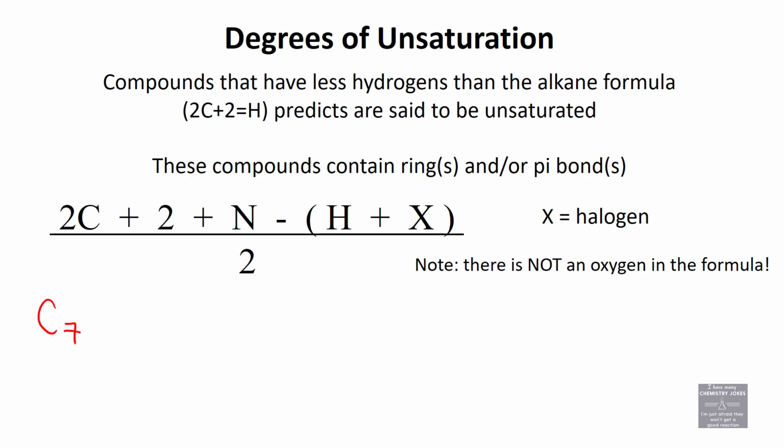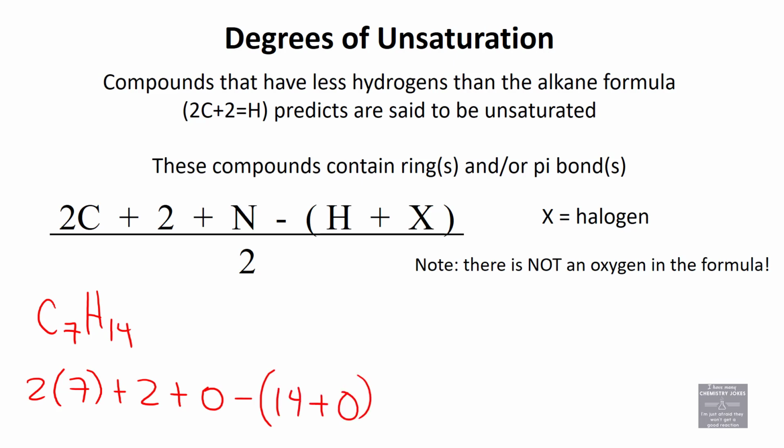So something C7H14: 2 times 7 plus 2 plus no nitrogens, minus 14 hydrogens, no halogens, divided by 2, we get degrees of unsaturation. Do the math. I'm waiting. 1. 1 degree of unsaturation.